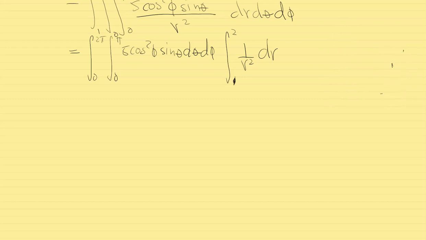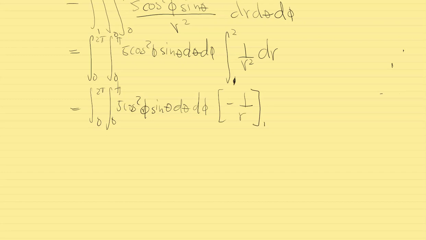Okay, let's copy the rest: 0 to 2 pi, 0 to pi, 5 cosine squared phi sine theta d theta d phi. The answer is negative 1 over r from 1 to 2, and we apply upper limit minus lower limit.